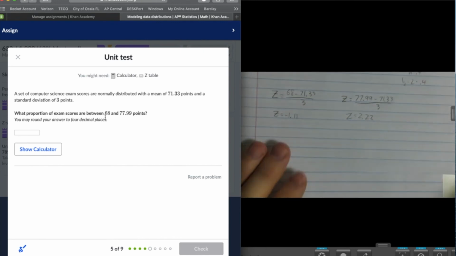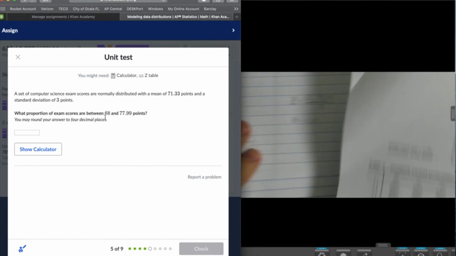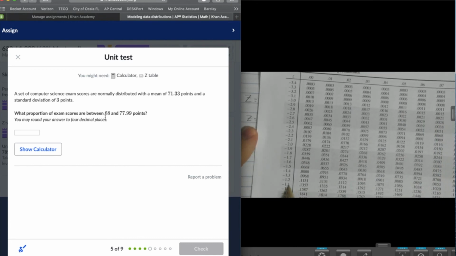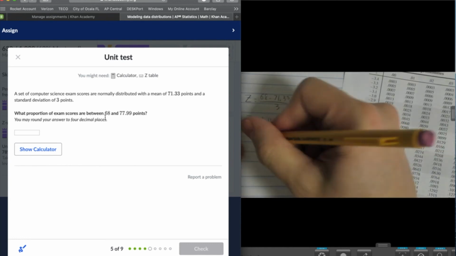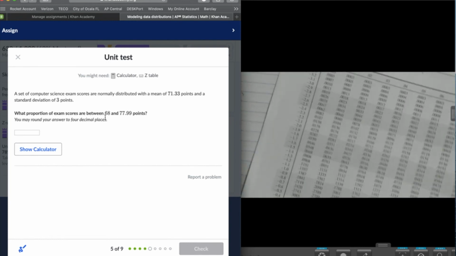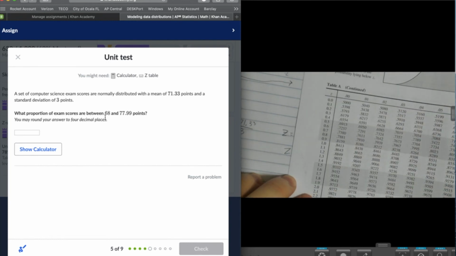And what we need to do now is use the z-table and find out how much area is to the left of negative 1.11, and that is 0.1335. And then all the area left of 2.22 is 0.9868.